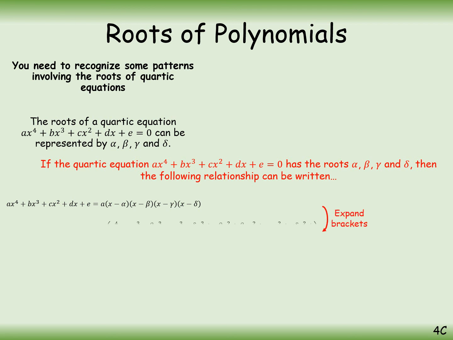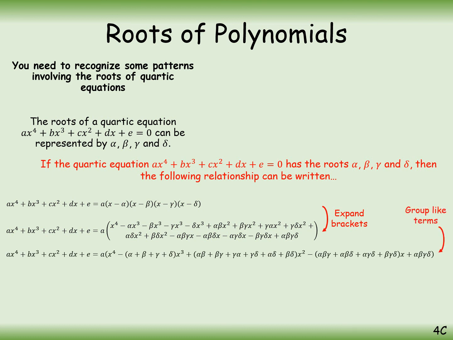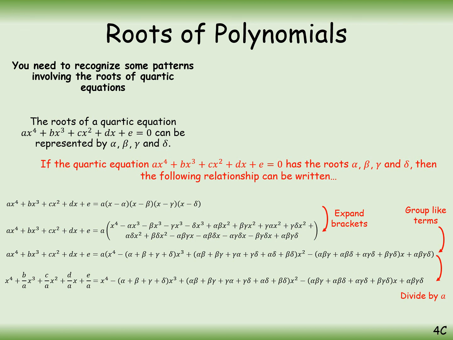So if we expand the brackets, you can see it's quite messy here because it's full of lots of brackets to multiply. And if you guys want to do this, you could always use binomial expansion. And if you group them, and if you then look at the coefficient of x to the 4, x cubed, x squared, and x and the constant, and you divide it by a.